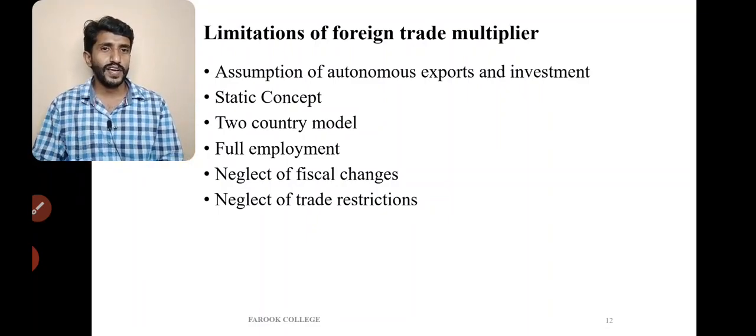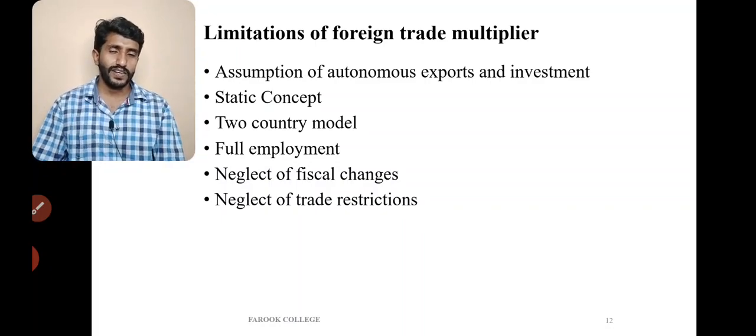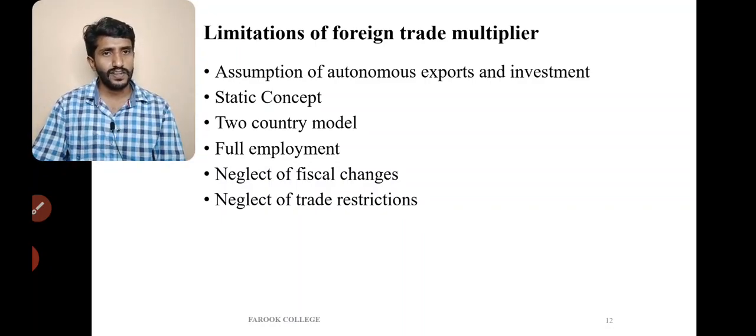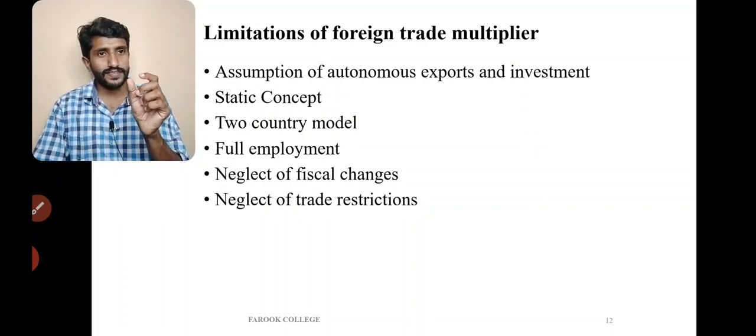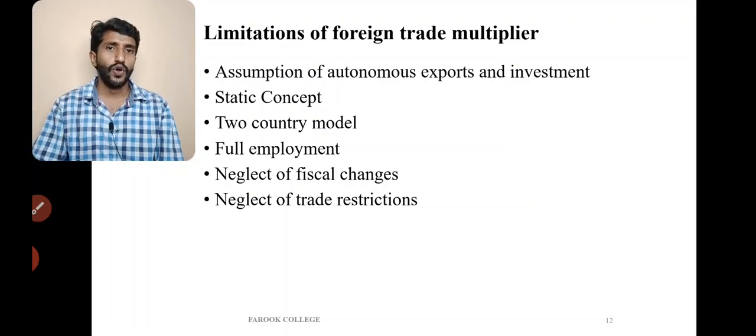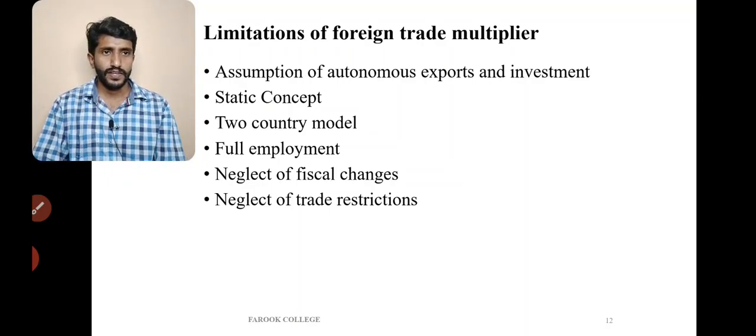So this is a very good analysis, but there are also some limitations of the foreign trade multiplier analysis. Firstly, we are assuming autonomous export and investment. We are not making export a function of income; generally we are considering it autonomous.